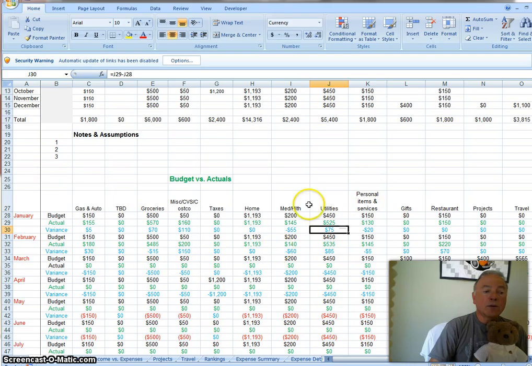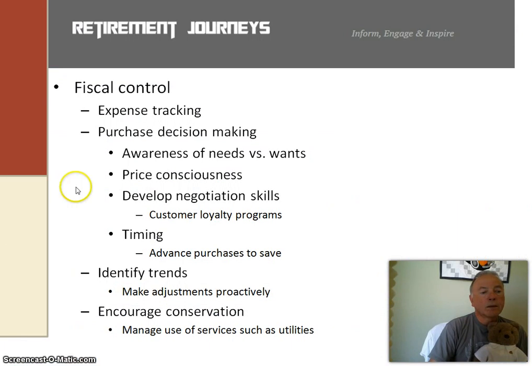So again, it's very simple. It's simply looking at the difference between the actual and the budget, and trying to understand the reason why those differences occurred.